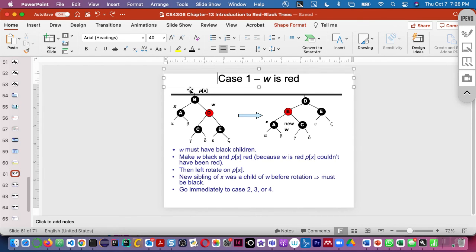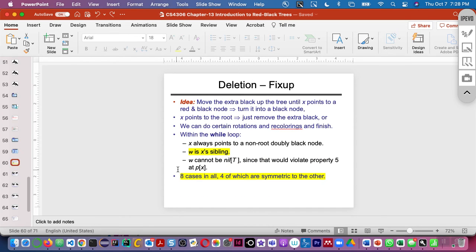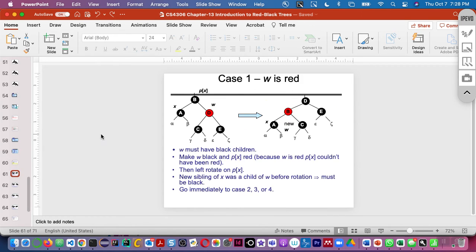Now let us see the first case. If you want to delete this node B, it is a black node, and it has a right subtree. W is X's sibling.